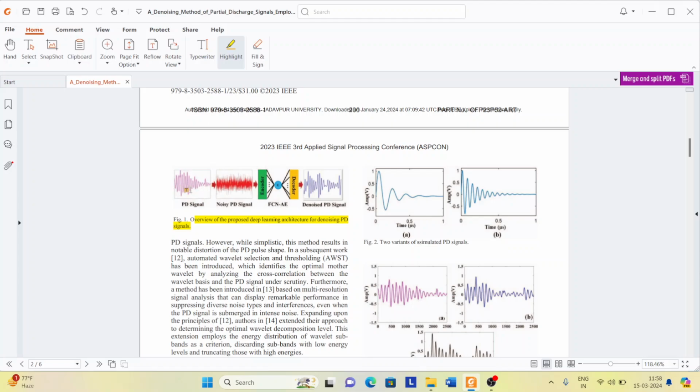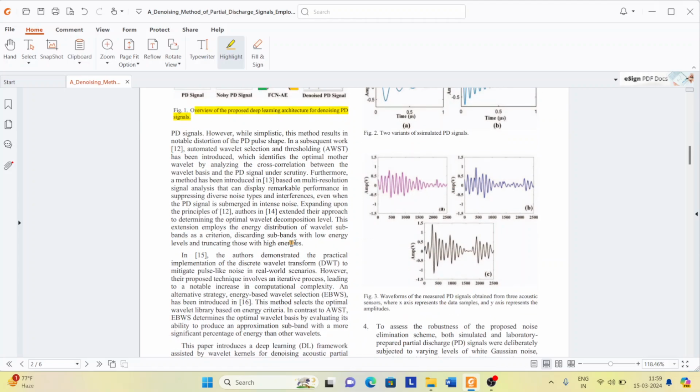This is the original signal; we have added some SNR, and then that signal has been made noisy. After that, we have used the FCNA, fully convolutional network autoencoder, to denoise these particular noisy signals, and we have obtained the denoised signal. So this is the basic idea.